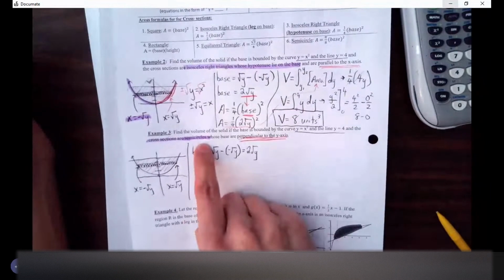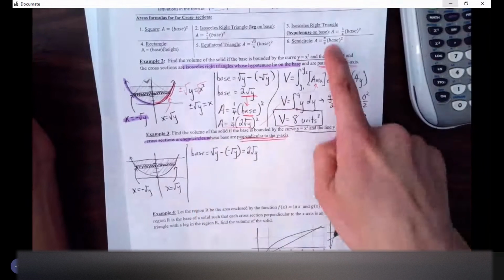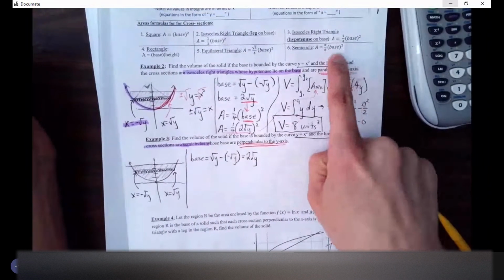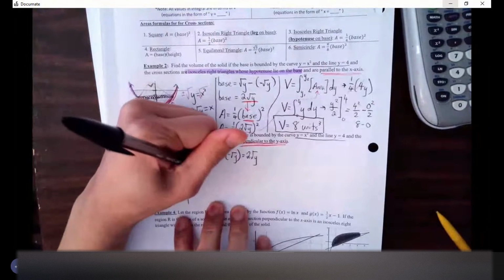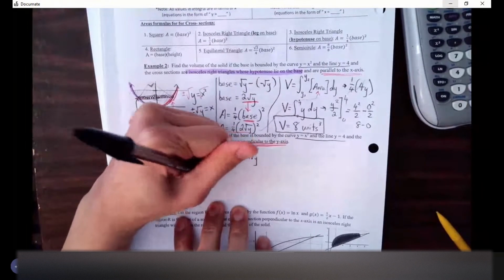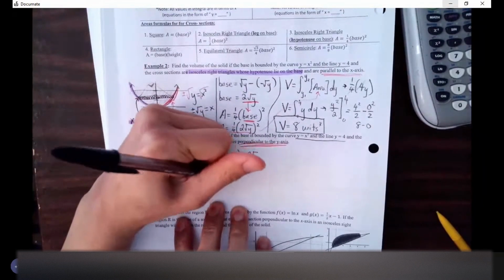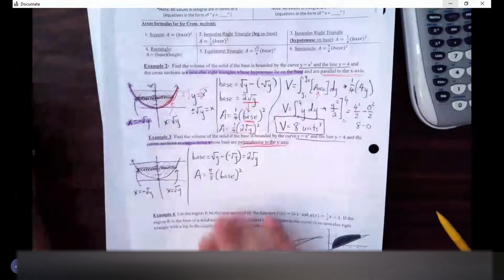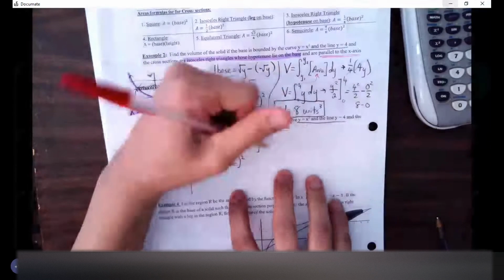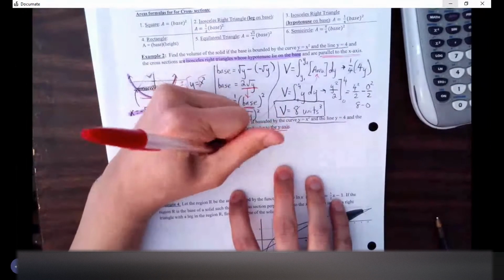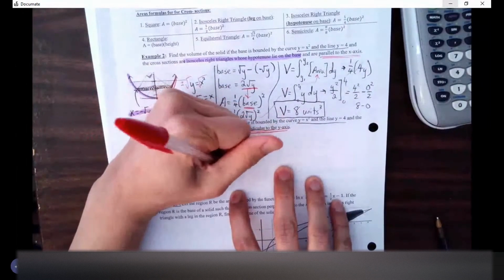The area is no longer going to be triangles. Now they're going to be semicircles. So pi is going to creep into our formula again here. We have a very specific base. Go into our formula there.